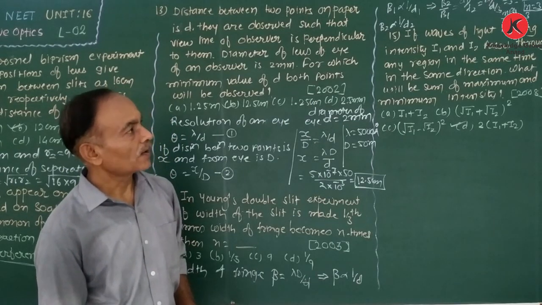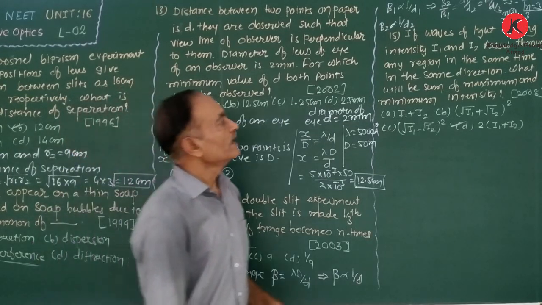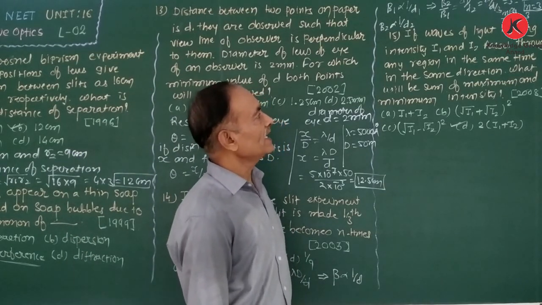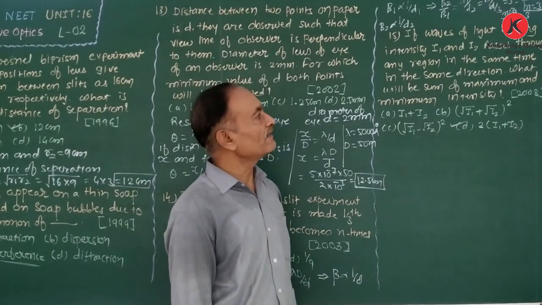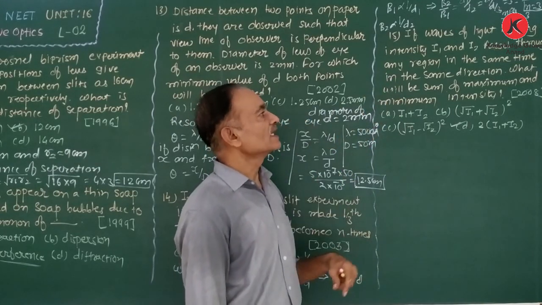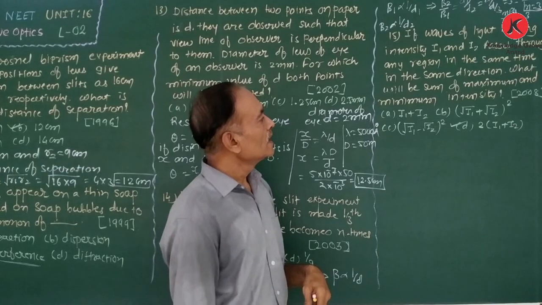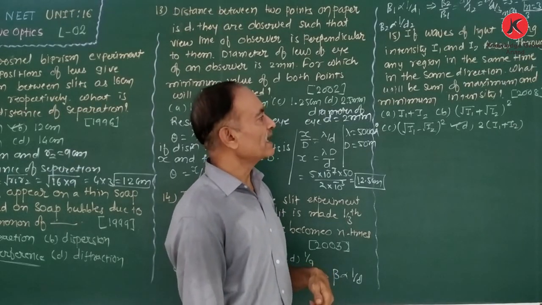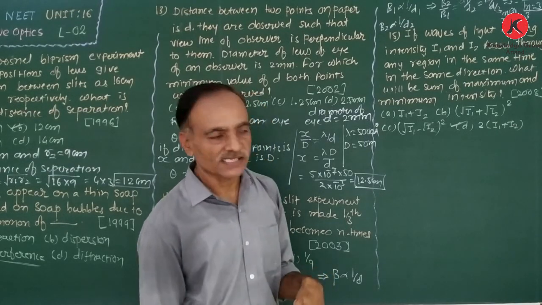Clear this? Okay. Now, next is, if waves of light having intensities I1 and I2 pass through any region at the same time, in the same direction, what will be the sum of maximum and minimum intensities?